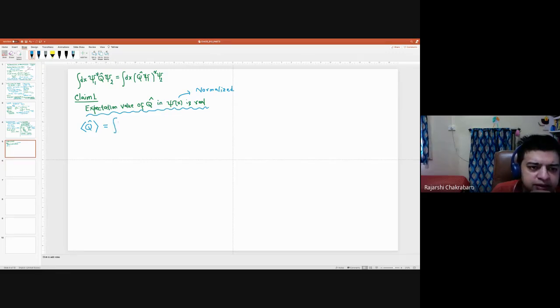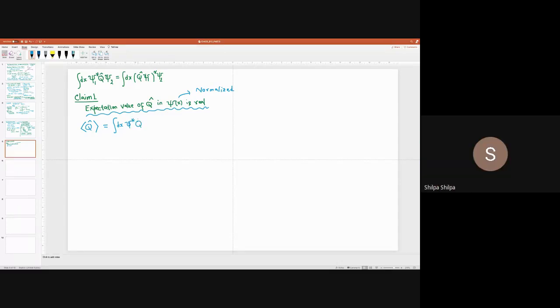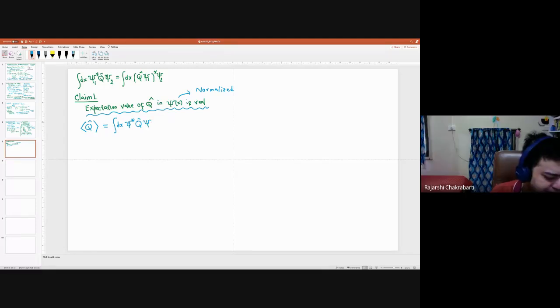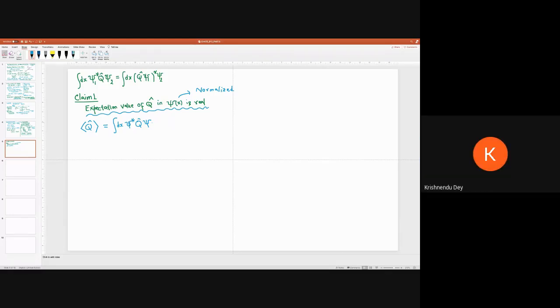So it is nothing but, let me write down, integral psi star, which is a function of x of course, Q psi dx. Are you fine with it? Yes, very simple.